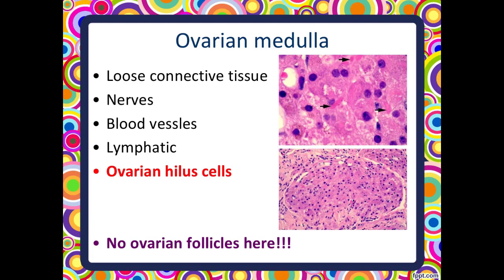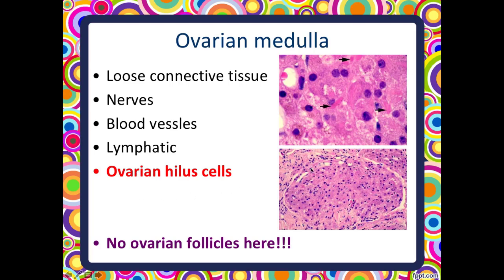The medulla, on the other side, is made by much looser connective tissue, so there is loose connective tissue containing the blood vessels, lymphatic vessels, and nerves. And also near the hilum, there is one type of cells you can find called the ovarian hilus cells. These cells are very similar to Leydig cells in testes.